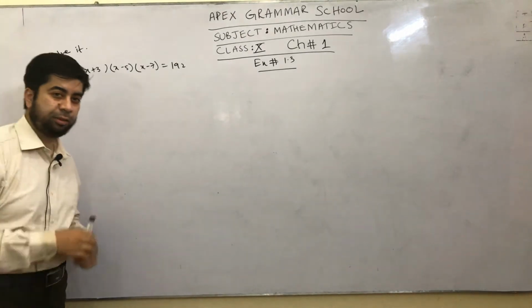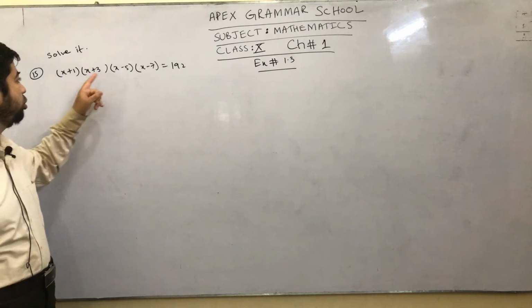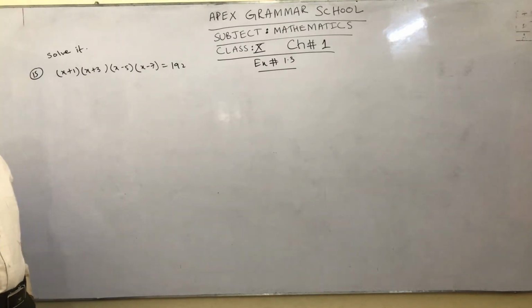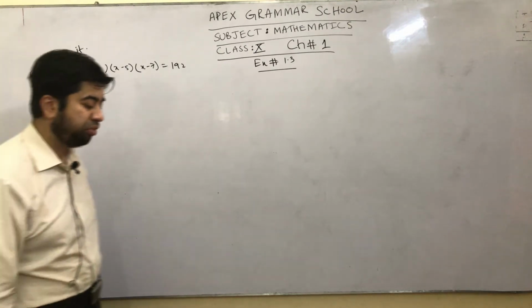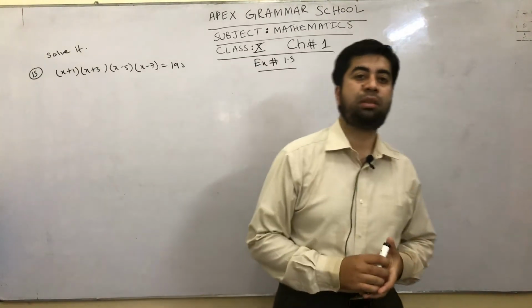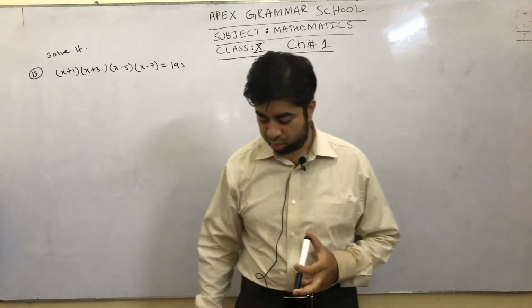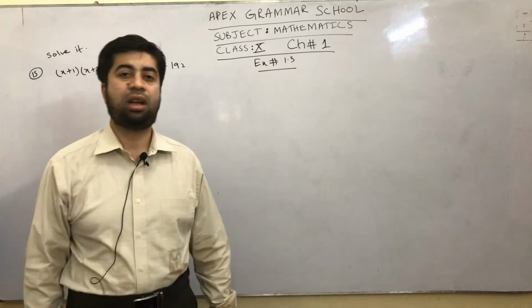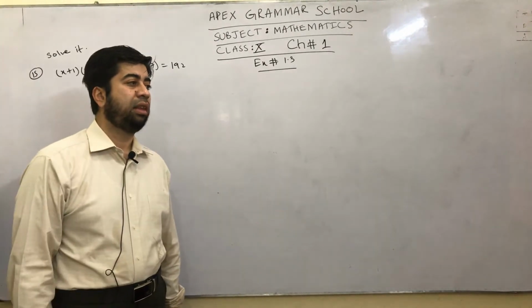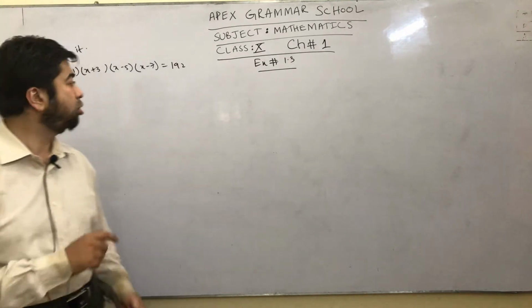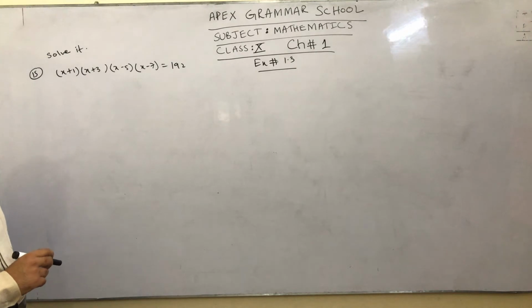You have seen that this equation contains four factors, each with x raised to power 1, which means the maximum power of x will be 4. So this will have 4 roots. How do we solve this type of question? In class 9th, you have already solved such questions, in exercise 5.2.